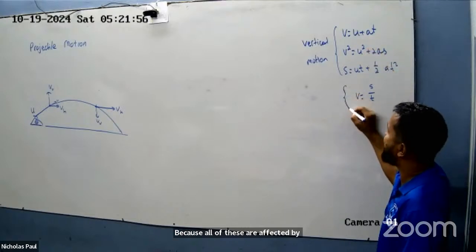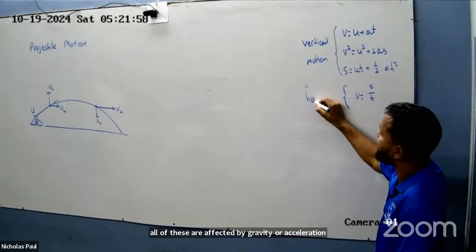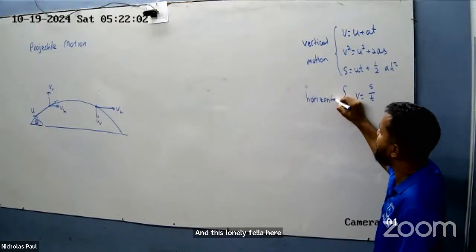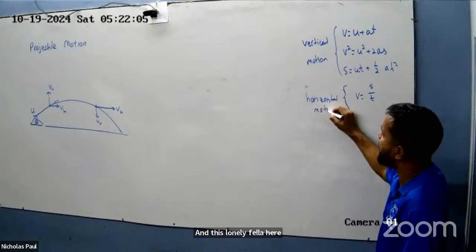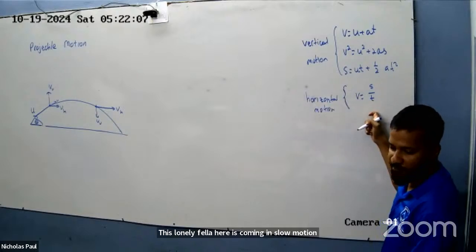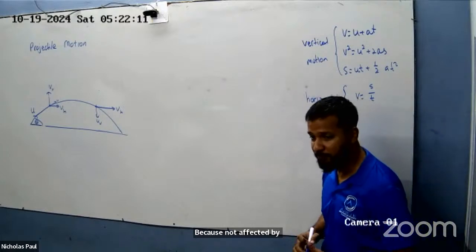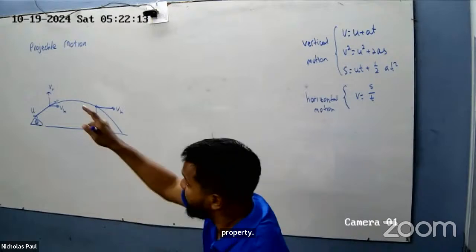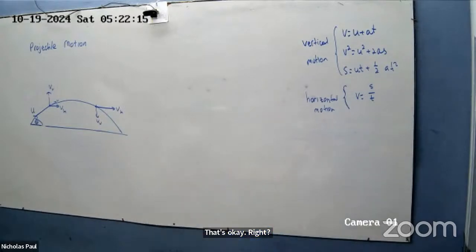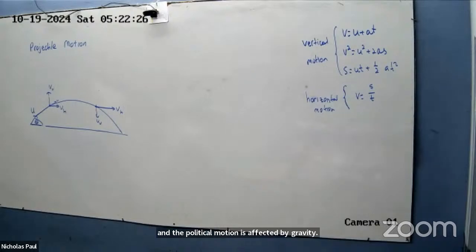And this lonely one here is horizontal motion, because it is not affected by gravity. So just finishing that note: the horizontal component has constant velocity, and the vertical motion is affected by gravity.